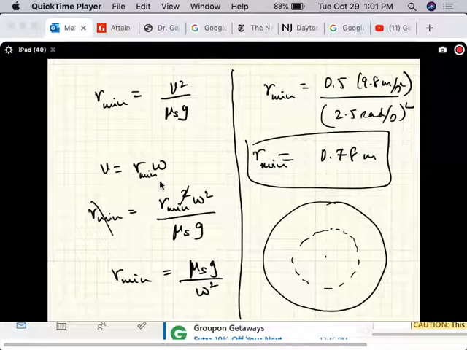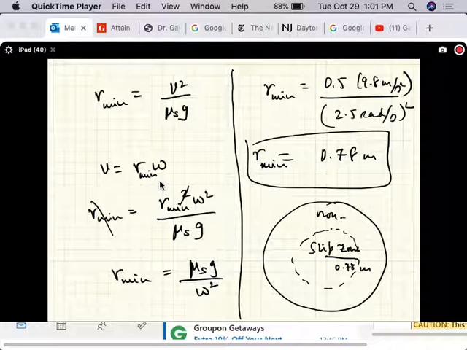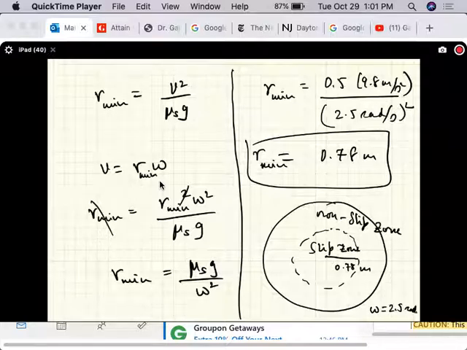So this is the slip zone, and non-slip zone, for omega equal to 2.5 radians per second.